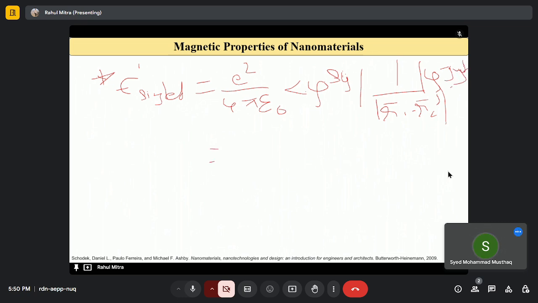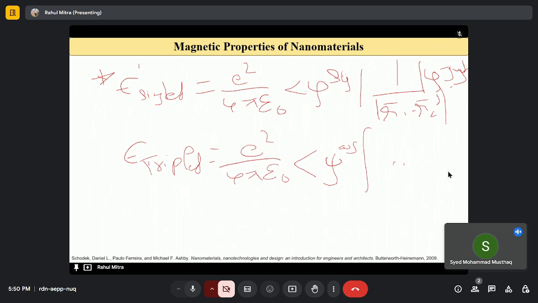Now the same, if we write it for a triplet, this is asymmetrical, right? The same will come here, and asymmetrical. So again, upon solving, the singlet will have two values. One is I and another is J. And for the triplet, we have I and another one is J, but the values are different. Then they have different energies.